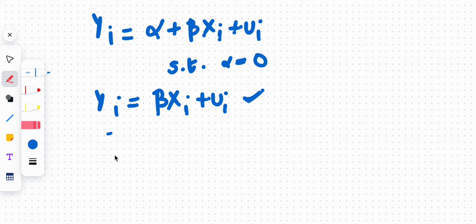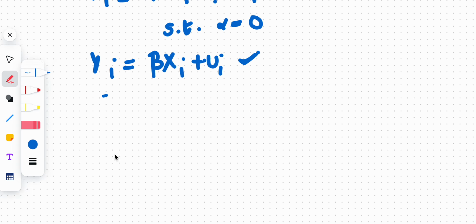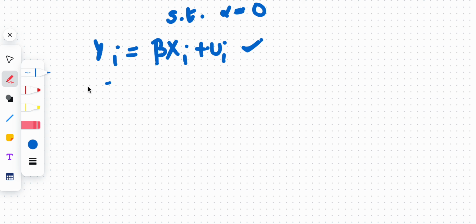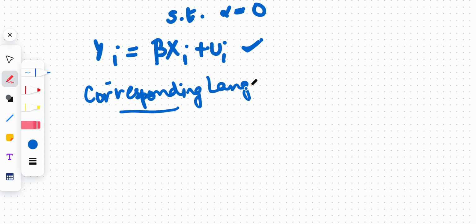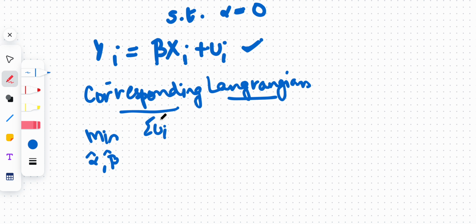Now what is my corresponding Lagrange here? Because it's subject to restriction, I will do it with the method of Lagrangian, which is to minimize, over alpha cap and beta cap, summation ui square.